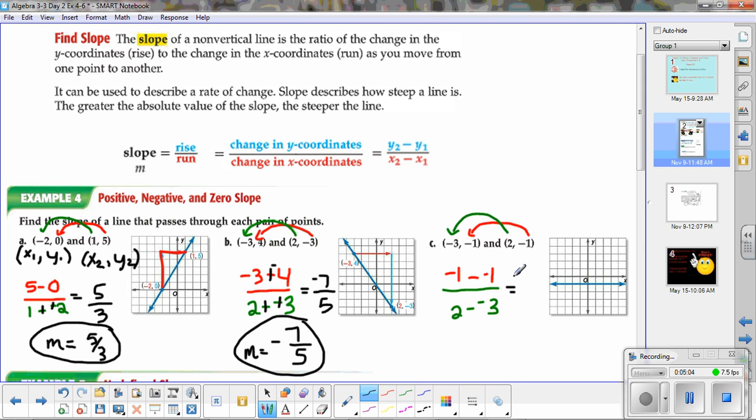Negative 1 minus a negative 1 is 0, and 2 minus negative 3 is 5. 0 divided by anything is going to be 0. So this right here is a slope of 0, which makes sense because as we move 1 unit to the right on our line, it doesn't go up at all. It stays right where it is. So the slope is 0.